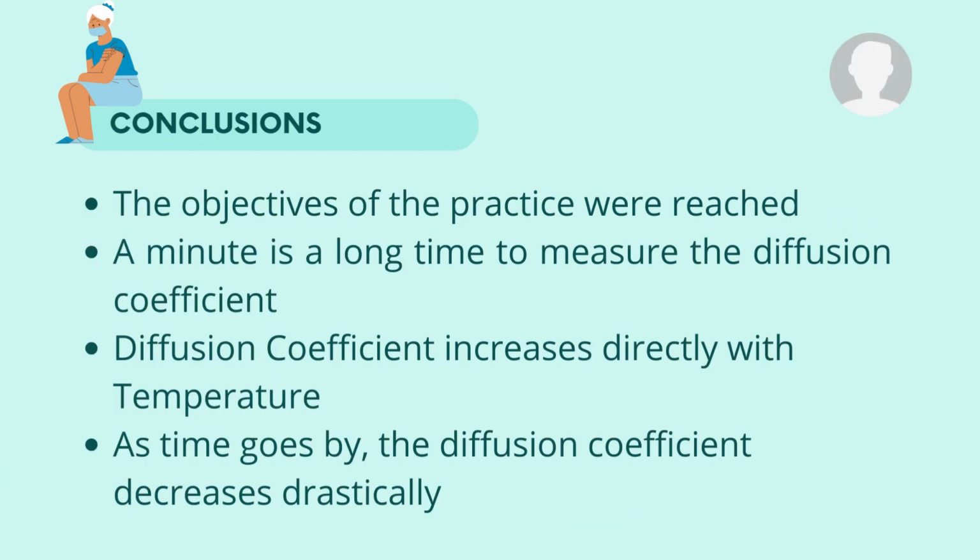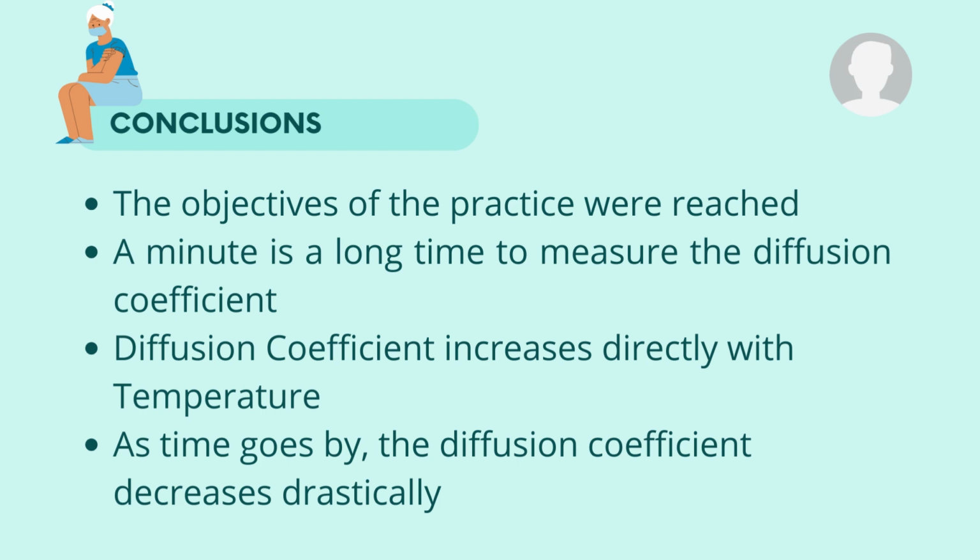Well, finally, the conclusions. The conclusions of this practice are that the objectives of the practice were reached. We can also conclude that a minute is a long time to measure the diffusion coefficient, because at a minute the system is going to equilibrium.